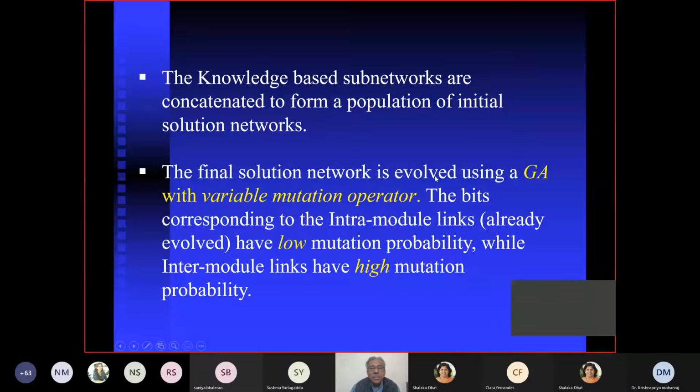The knowledge-based subnetworks are concatenated to form a population of individual subnetworks. So this population is the solution space of the genetic algorithm. The final solution network is evolved using a genetic algorithm with variable mutation. As I mentioned to you, the bits corresponding to intermodule links already evolved have low mutation probability, and the bits corresponding to new intermodule links have high mutation probability.